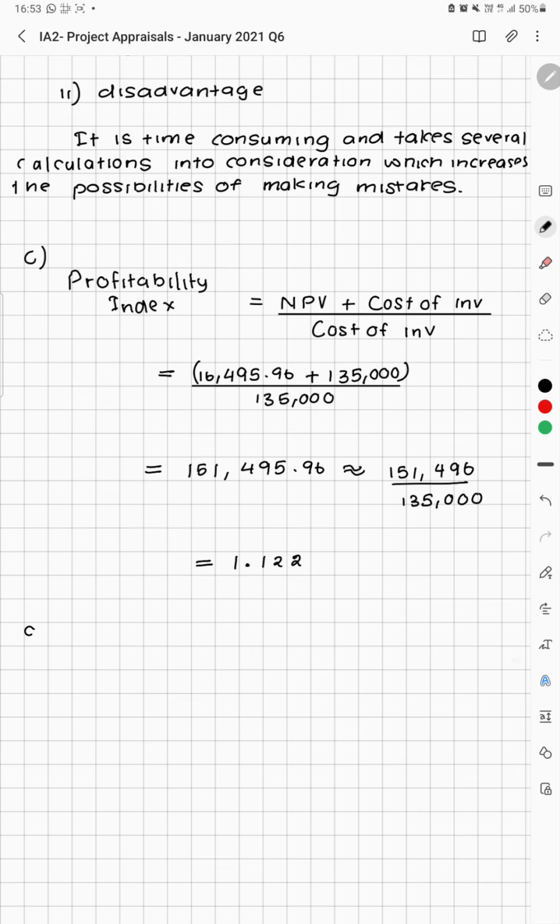So part D is asking us the advantage of calculating the profitability index. It's quite simple.